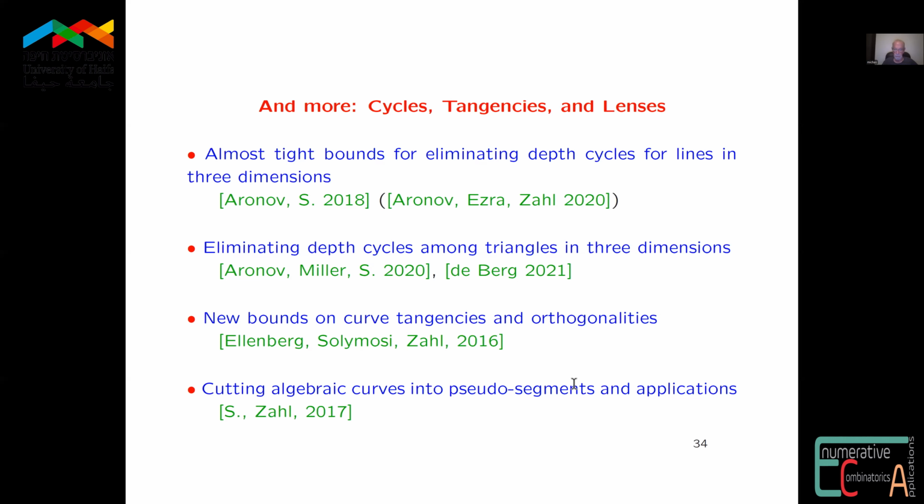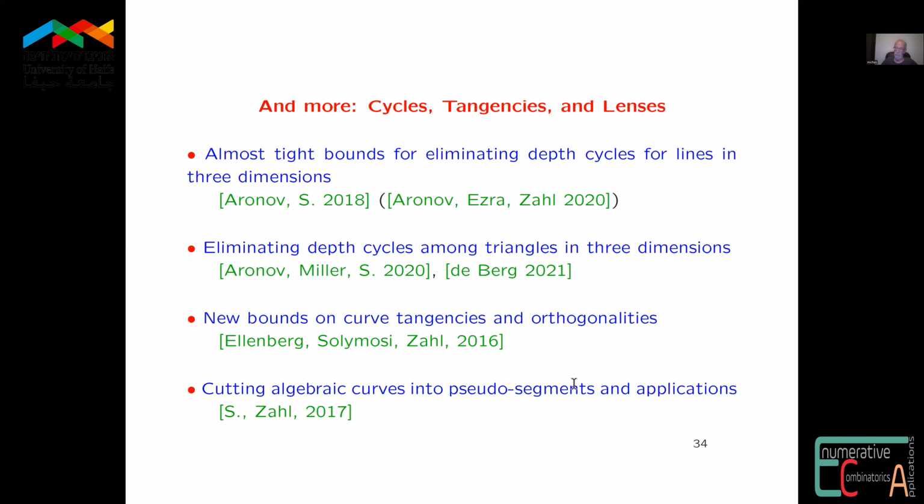So we are talking about almost tight bounds for eliminating depth cycles for lines in 3 dimensions. The other problems are variants and extensions and consequences of this bound.